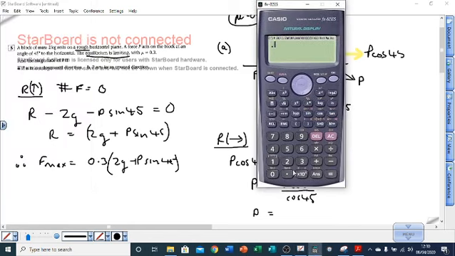So putting that into F max on the calculator, let's work this out first of all. Okay, so 0.3 multiplied by brackets 2g, that's 19.6. Well, we'll leave it like that. I'm going to do this sine 45 times this here.